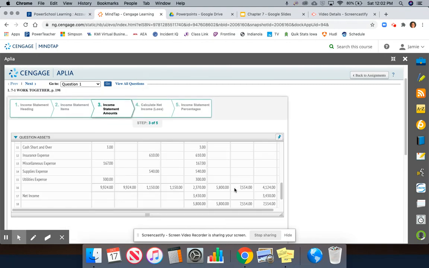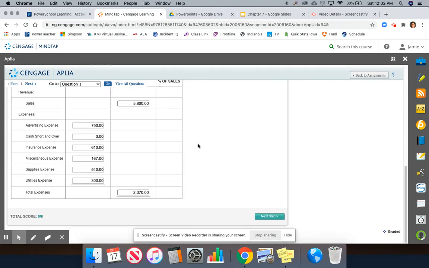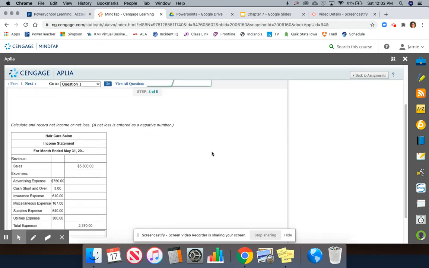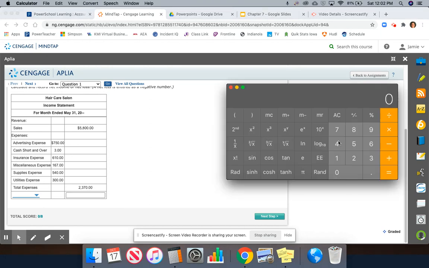Next task we have is to calculate our net income or net loss. Good thing is, it looks like we have more revenue than we have expenses. So we're going to have a net income, which is always good. So how we calculate that, we would take 5,800, our revenue, the money brought in, minus 2,370, which is our expenses, the money that went out.